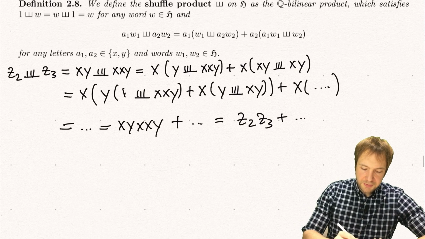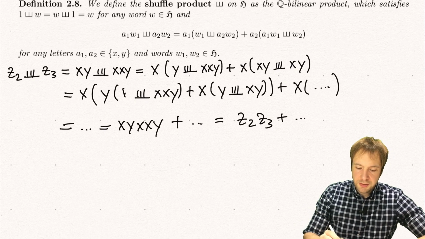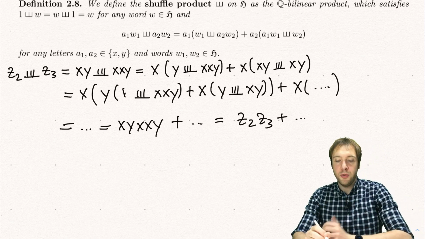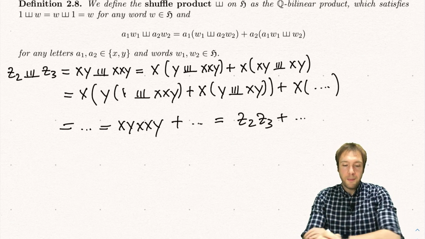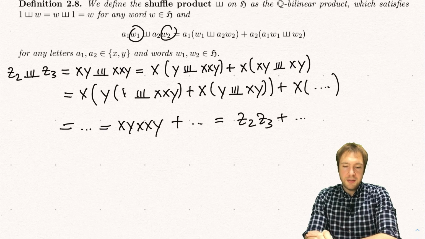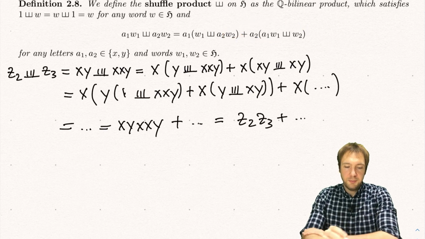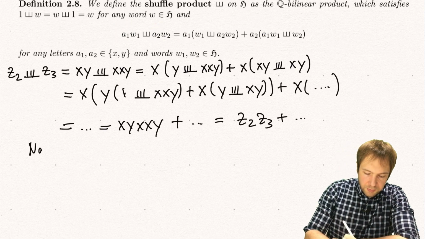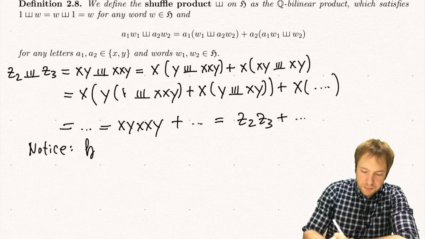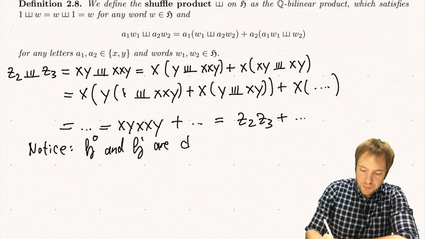And now also notice that if I start with a word in H1, so H1 was the subspace of words ending in Y, so if these two words here end in Y, then you see that the right hand side ends in Y, so the space H1 is closed under the shuffle product, but also the space H0, meaning if both start with X, then also here both start with X. So in other words, notice H1 and H0 are closed.